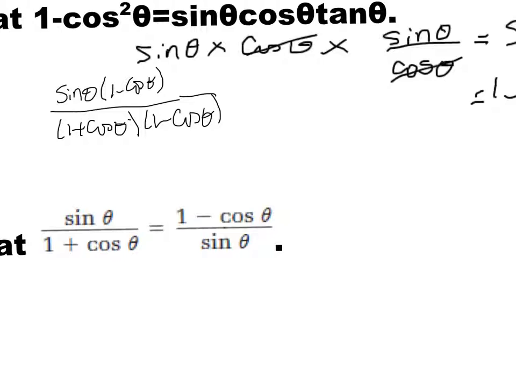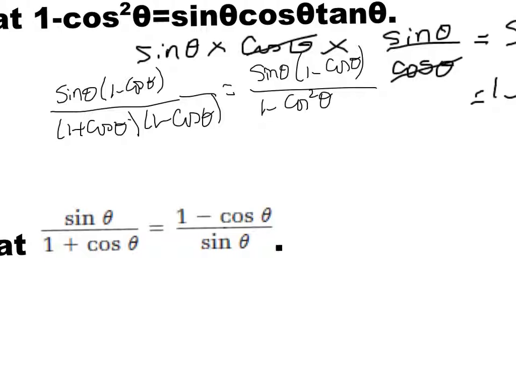Now, I can write the numerator the way that it was before. But what is 1 plus cos theta times 1 minus cos theta? A plus b times a minus b is a squared minus b squared. So 1 plus cos theta times 1 minus cos theta is 1 minus cos squared theta.